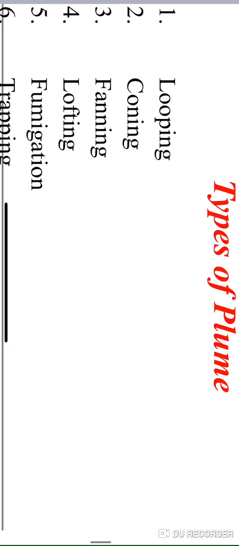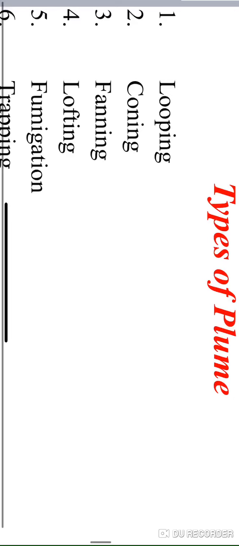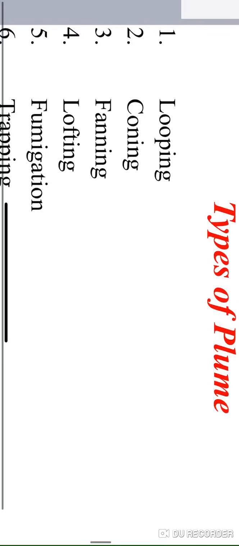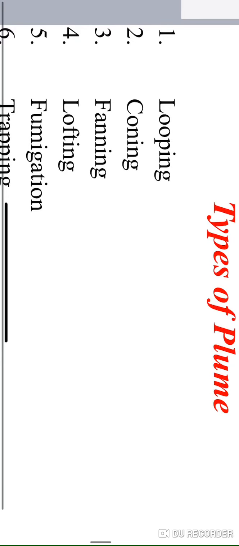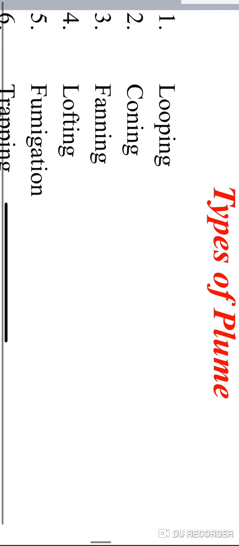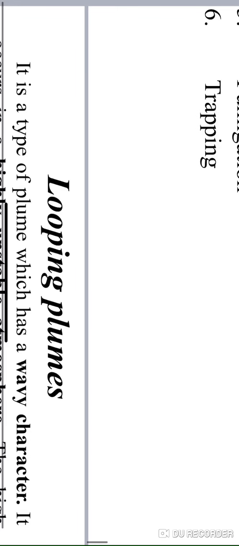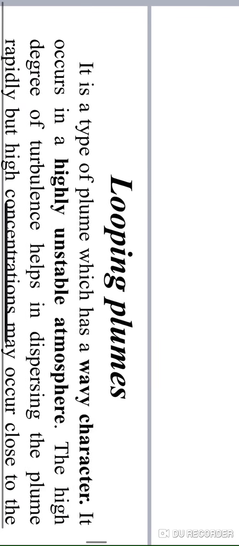There are 6 types of plume, named as per their shape. The first type is looping, second coning, fanning, lofting, fumigation and trapping. These are the different types of plume behaviors and plume shapes.